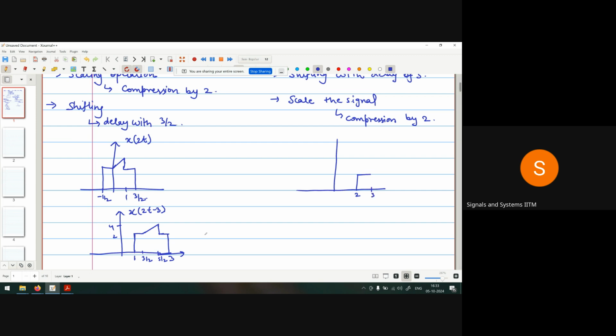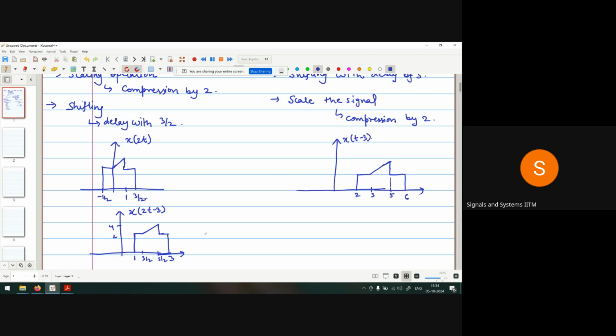Again, the signal at 2 becomes 5. And the signal that is at the 3 point becomes 6. This is x of t minus 3.